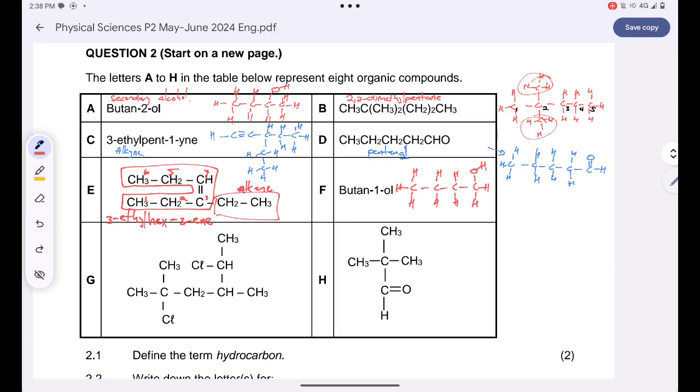Compound G is a haloalkane, because I can see the halogens over there. So this is a haloalkane, and whenever, guys, I start numbering, I must start numbering from the terminal carbon that is closer to the halogen or closer to the side chain. Are you together?